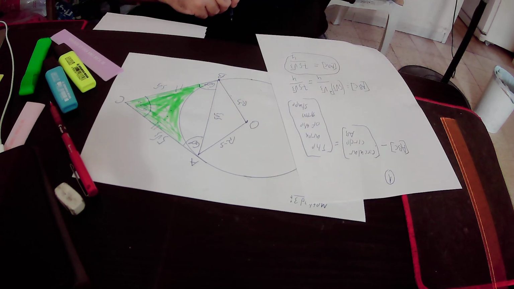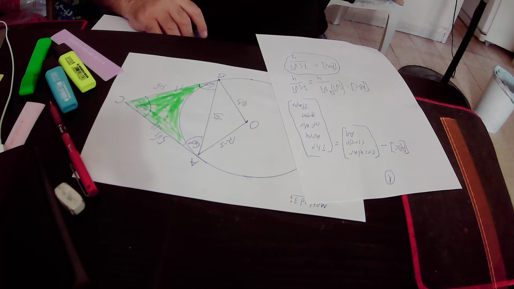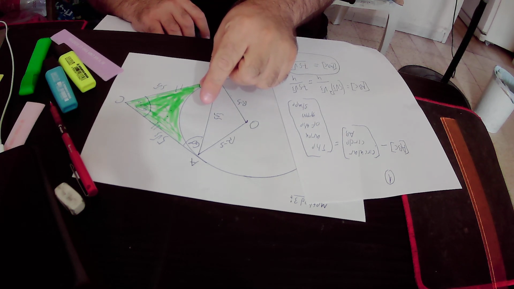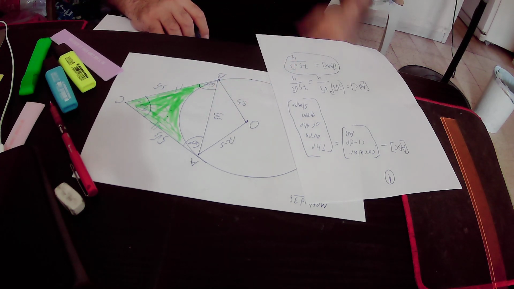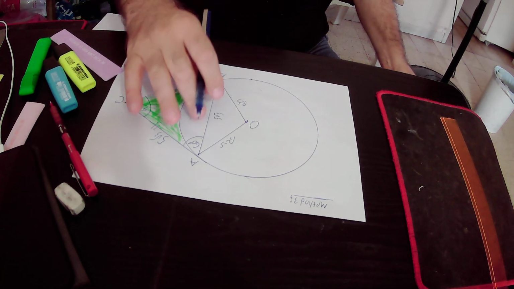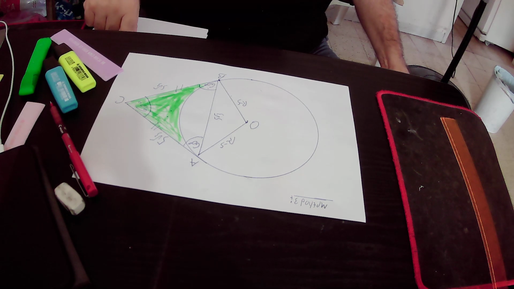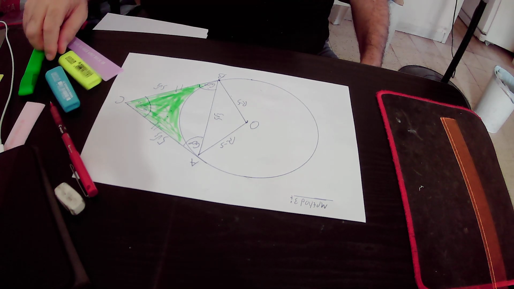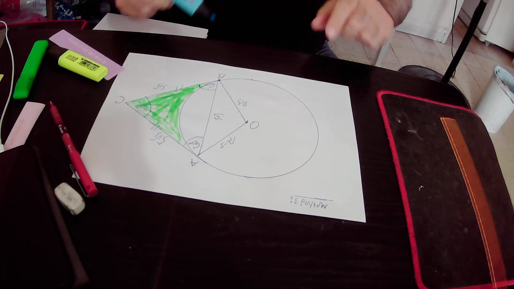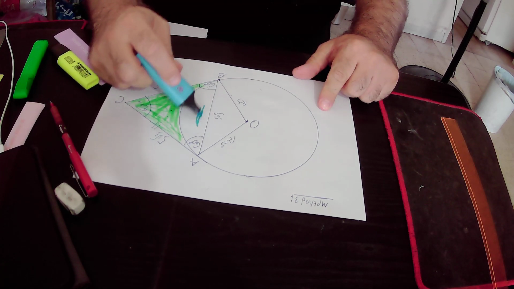And we must subtract from the area of triangle ABC the area of the circular segment AB. What is the area of the circular segment AB?